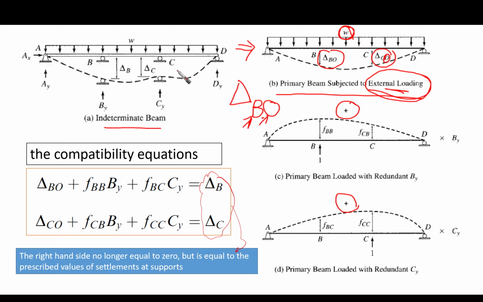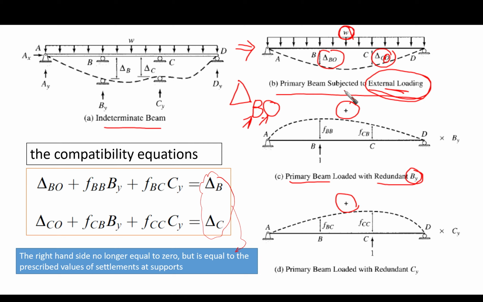The first one is going to be the primary beam loaded with redundant By. As we said, we have the redundant here, which is By. We're going to use By as our redundant.